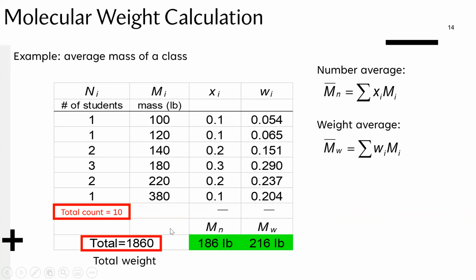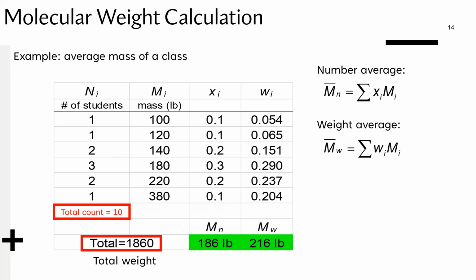So for instance, you guys, if we figured out the fraction of you having a weight of about 100, 120 pounds, and then for 140 and 180, etc., we could find the average weight of the students of this class. So here in this example, you have one student with 100 pounds, one student with 120 pounds, and so on and so forth. You have 3 students with 180.